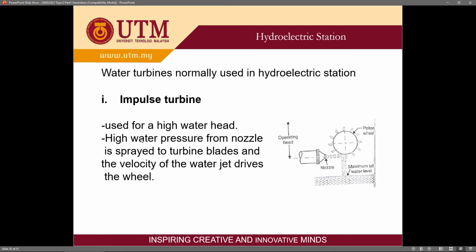High water pressure from the nozzle is spread at the turbine blade, and the velocity of the water jet drives the wheel. This uses the Pelton wheel. Okay, this is impulse turbine, but sometimes you don't have a very high head, so impulse turbine is not suitable.